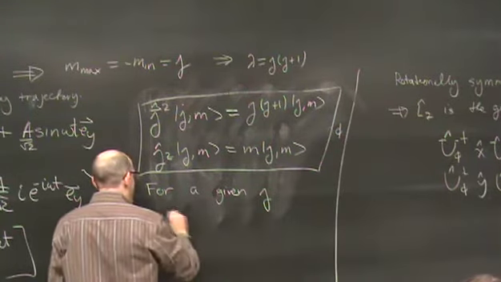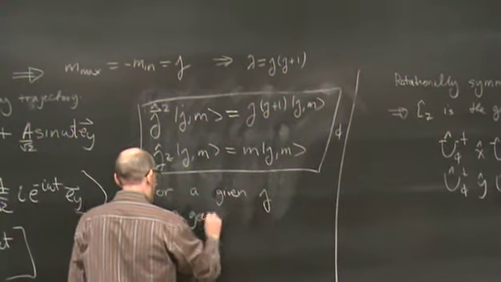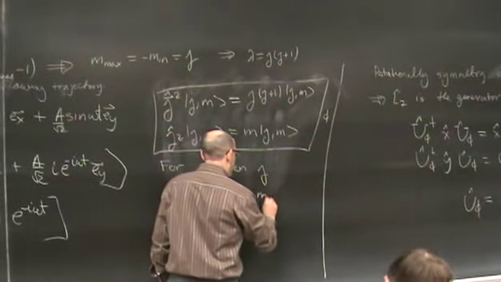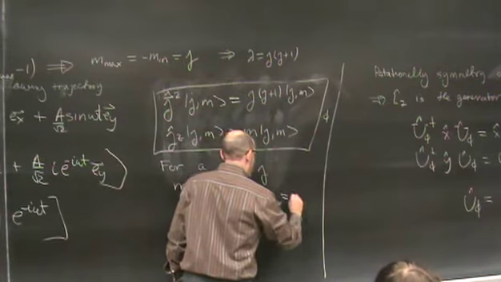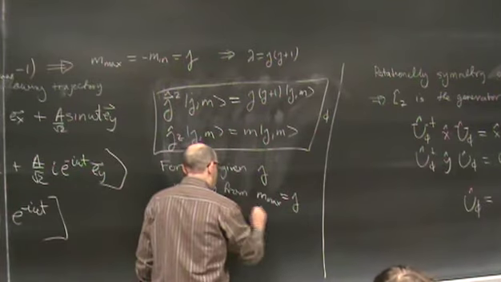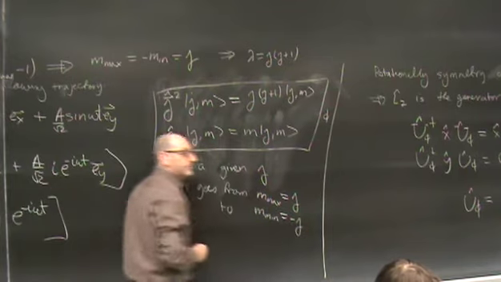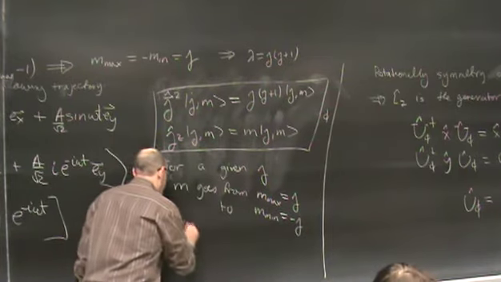So m goes from m max equals j to m min equals minus j in integer steps.